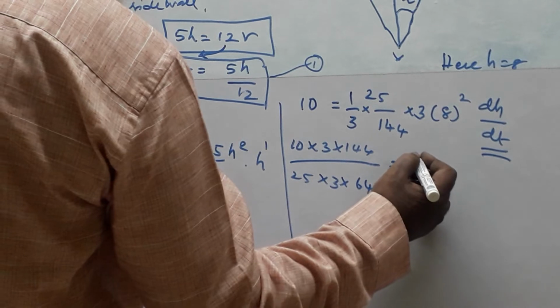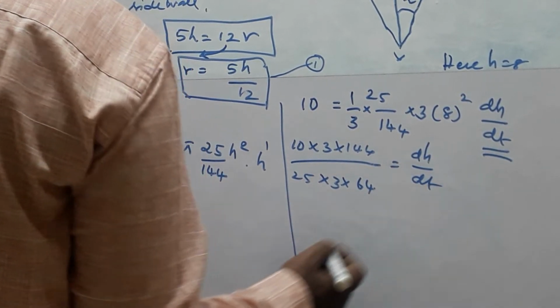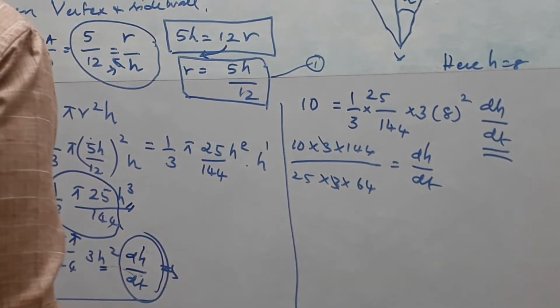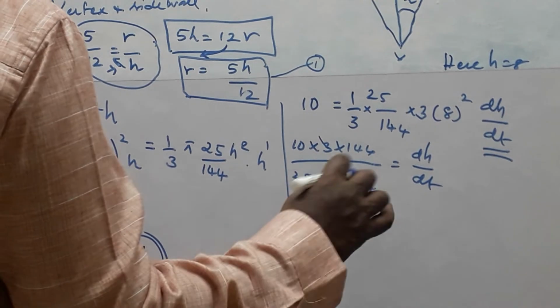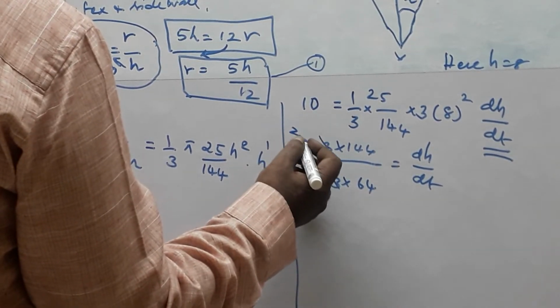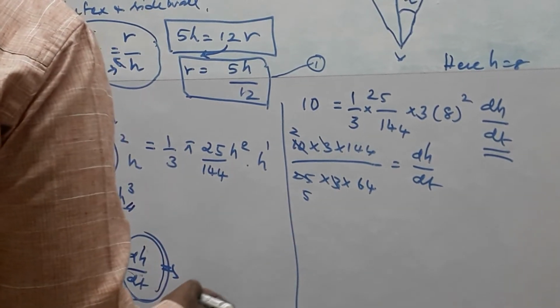That's equal to dh by dt. Now the 3s are cancelled, and then the 5s. Are you clear?